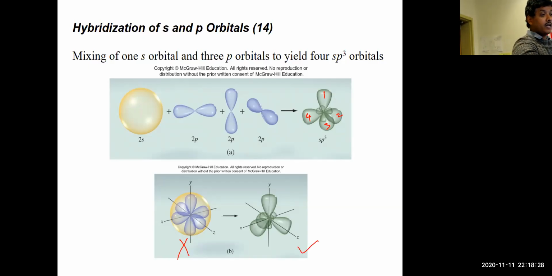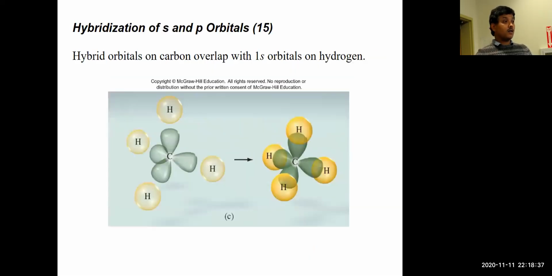This is what actually happened just before bonding, because all of the atomic orbitals are mixed to form new hybrid orbitals. So they were ready to bond with the hydrogens. It bonded with the 4 hydrogens, using the 1s orbital of each hydrogen. That is how it formed CH4 with a tetrahedral molecular geometry and 109.5 degree bond angle.